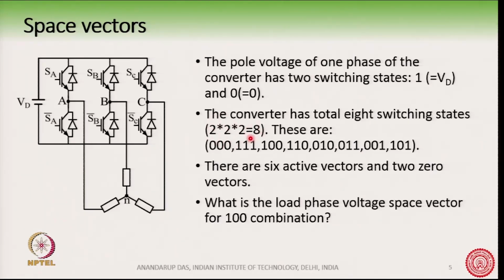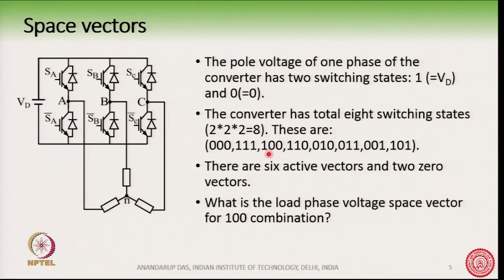Okay. So, we can also write these like 0 0 0, which means A phase has a switching state of 0, B 0, C 0, while 1 0 0 means A phase VAO is 1 and VBO and VCO are 0, where 1 corresponds to VD voltage.